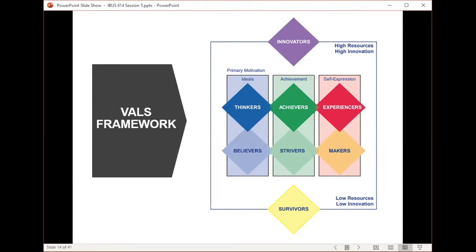So when we talk about ideals, achievements and self-expression, these are the 3 primary motivations that will make an individual behave a particular way towards a product or service. Now, when we say ideals, we are talking about motivations that are grounded in the consumer's knowledge and principles.